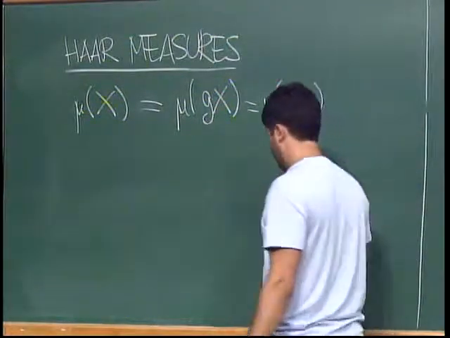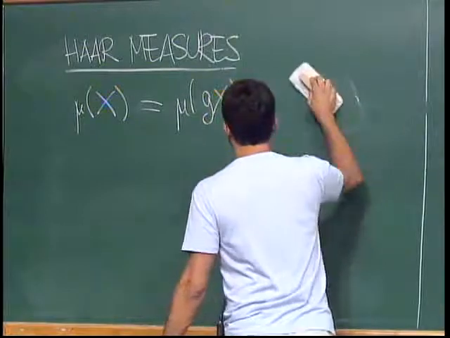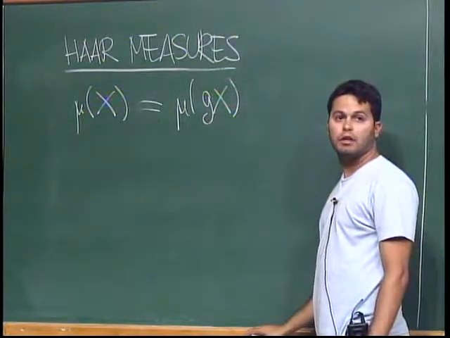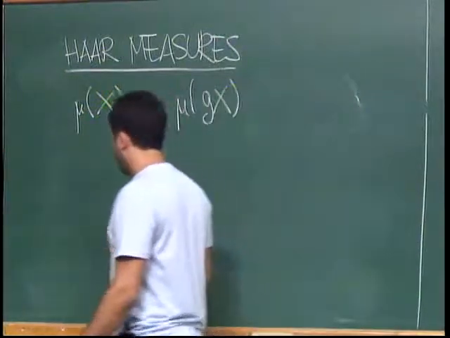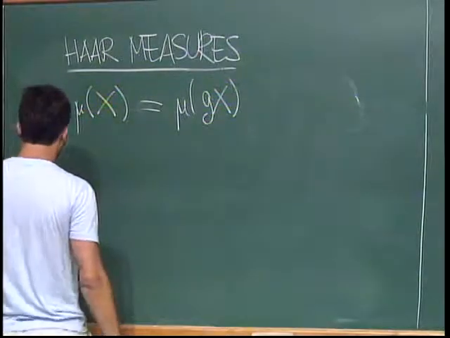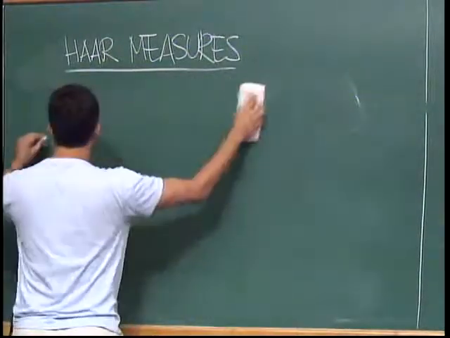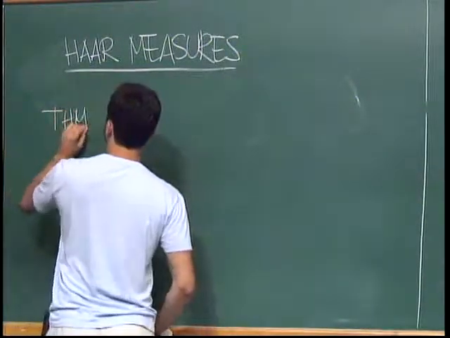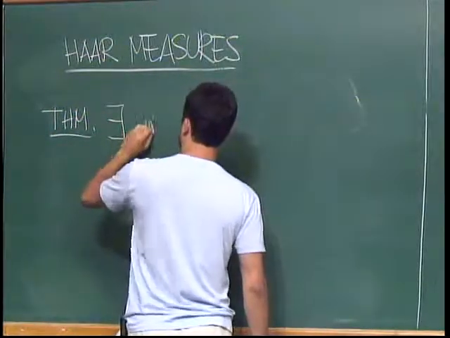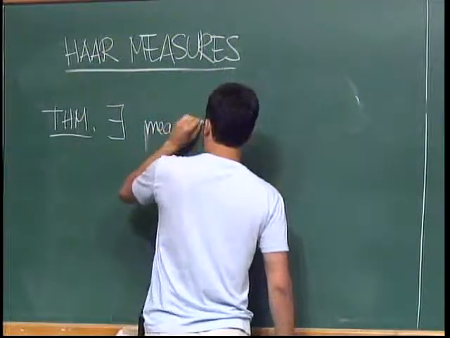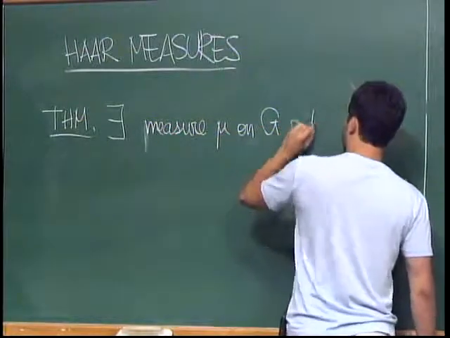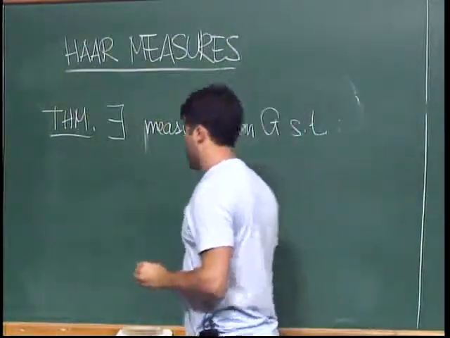These two assumptions together are too strong, but at least you can get a measure that satisfies this for every g and every X. And even more, this measure is going to be regular in many senses. So this is what is called the Haar measure. So here's a theorem: there exists a measure mu on G such that a few properties are satisfied.